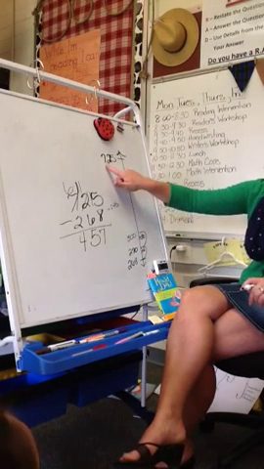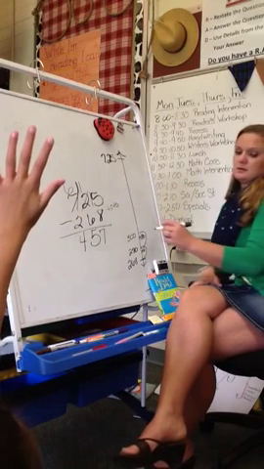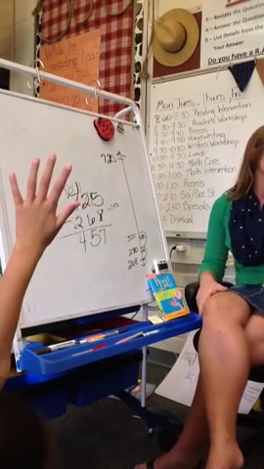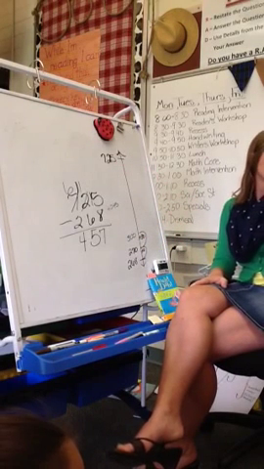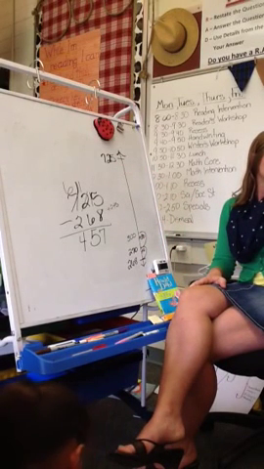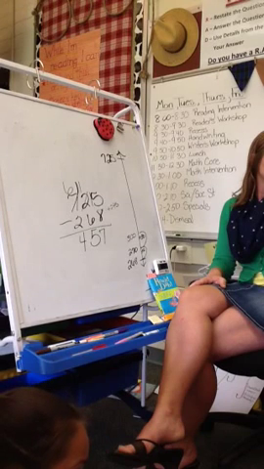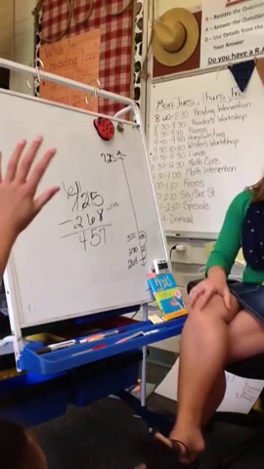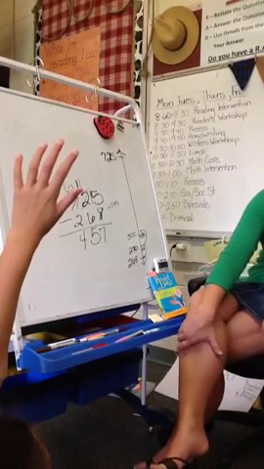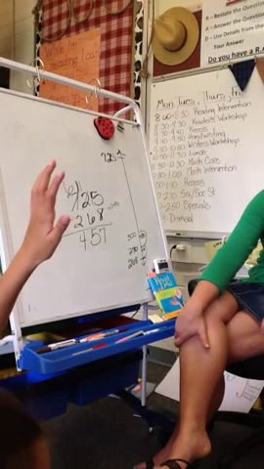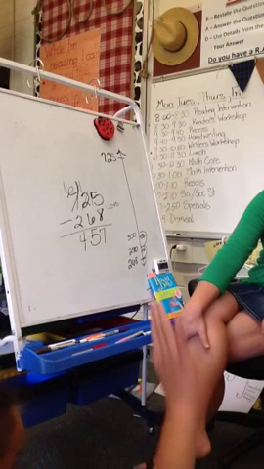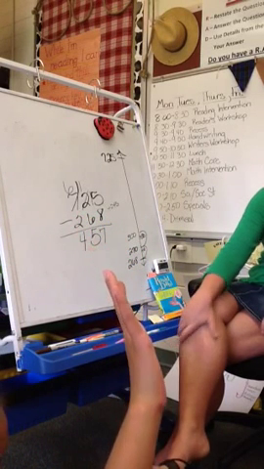How can I get to 700? What can I add on, Eli, to get from 300 to 700? How many groups of hundreds from 300 to 700? 400. Awesome.